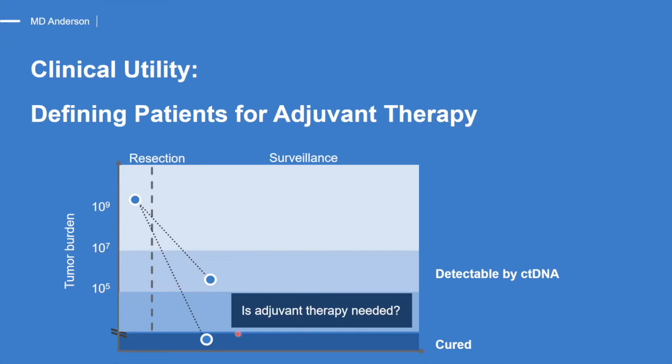But if I convinced you by what I showed you before, it's really not so much about stage of disease. It's really that ctDNA is such a strong prognostic factor that maybe that's enough to really guide who should get adjuvant therapy or not. And so if somebody is ctDNA negative versus positive, that could be a very different scenario. So there's a number of studies ongoing.